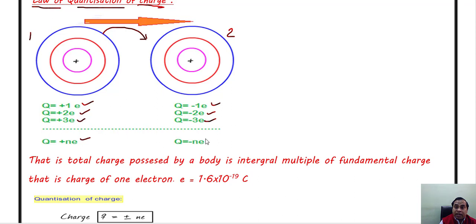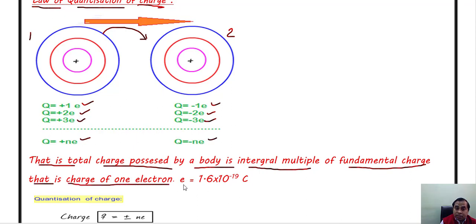It has received n electrons, so it has developed minus nE charge. Now what you notice is that the total charge possessed by a body is an integral multiple of the fundamental charge. That is the charge possessed by one electron, which is 1.6 times 10 to the power minus 19 coulomb.